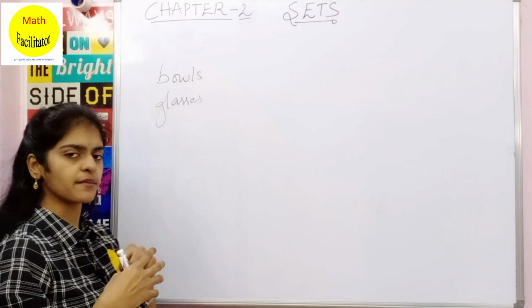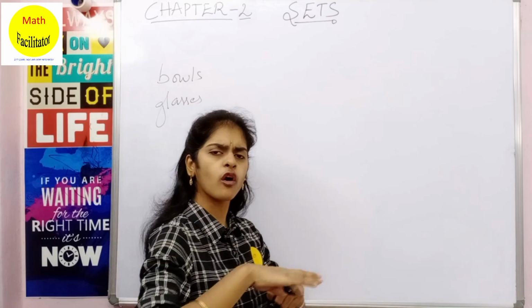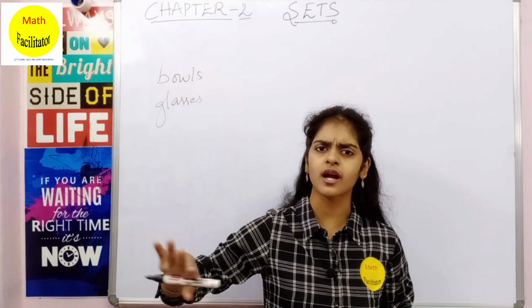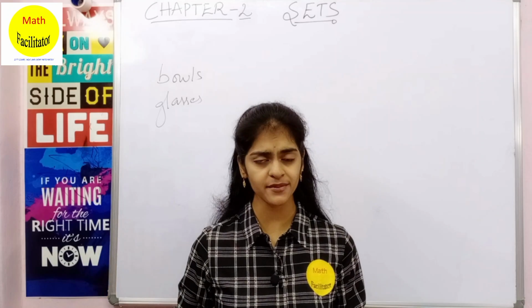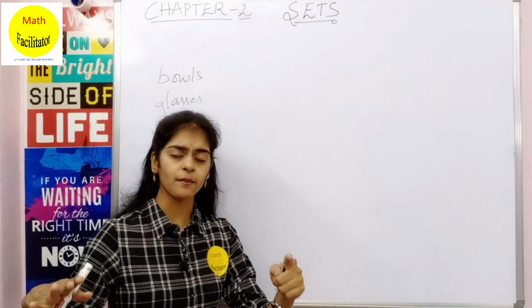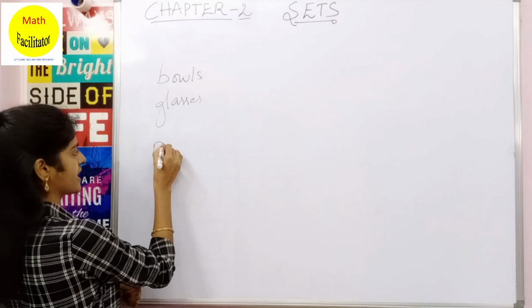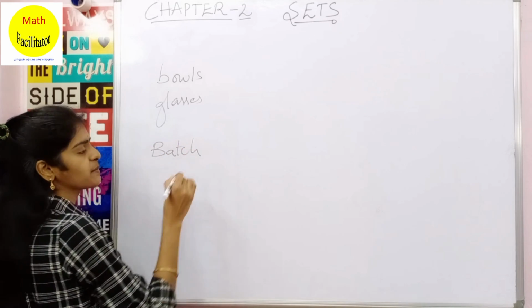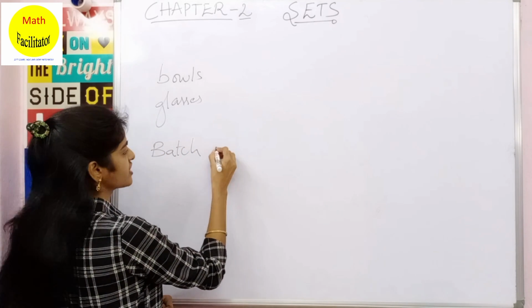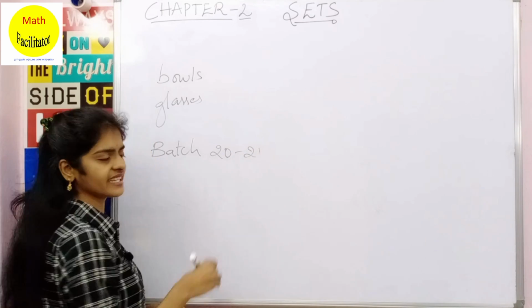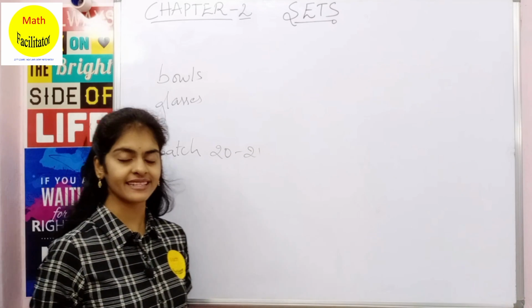Clear? Now the same example if I take, all of you who are watching this video come under one set. Can you tell me what set it is? It is nothing but all of you come under the students of batch 10, batch 10th class 2021.